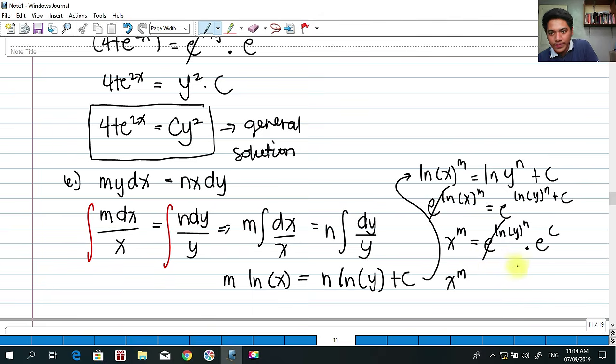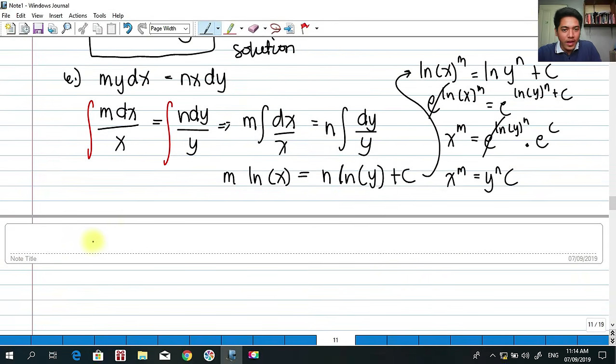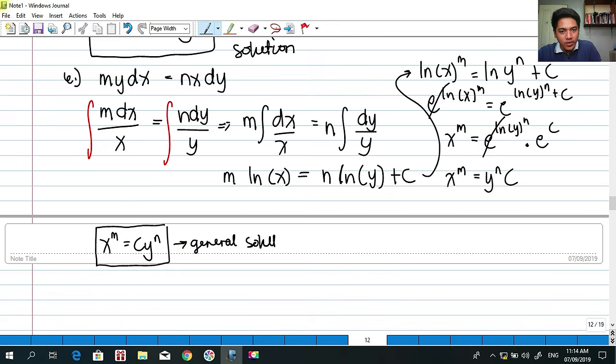So x raised to m is equal to y raised to n multiplied by c. For it to look nicer, your answer is x raised to m is equal to c y raised to n. That should be our general solution since we don't have any condition set in our problem.